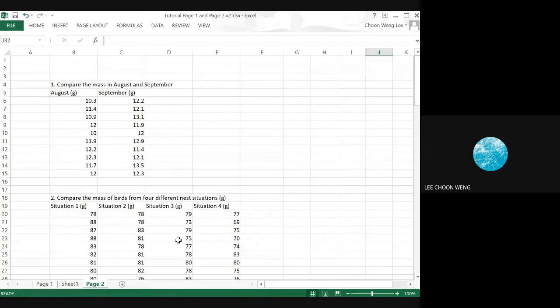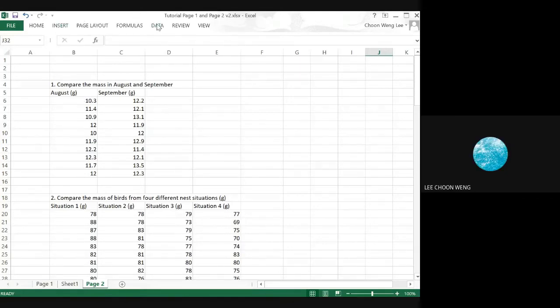Okay, so let's start with a few simple statistics. You have here to compare the mass in August and September, a comparison of measurements done in August and September. What kind of test do you think we should use? A t-test.